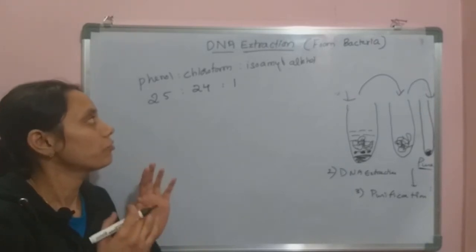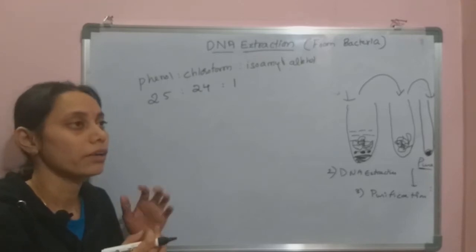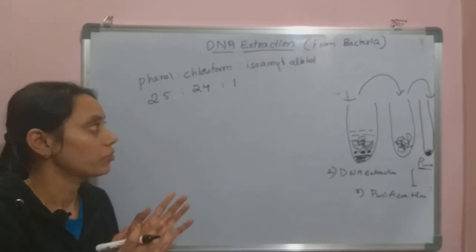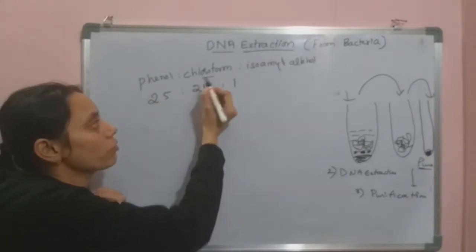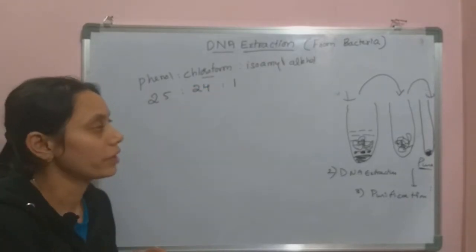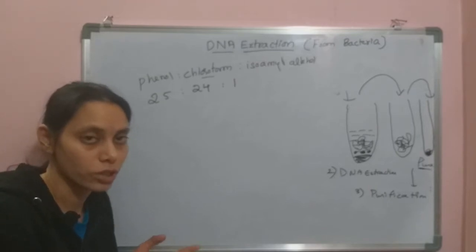So the major ingredient is phenol, and this phenol is effective against the proteins. It's an organic solution, and it takes care of the degradation of the proteins. Chloroform is also a very dense organic solution.